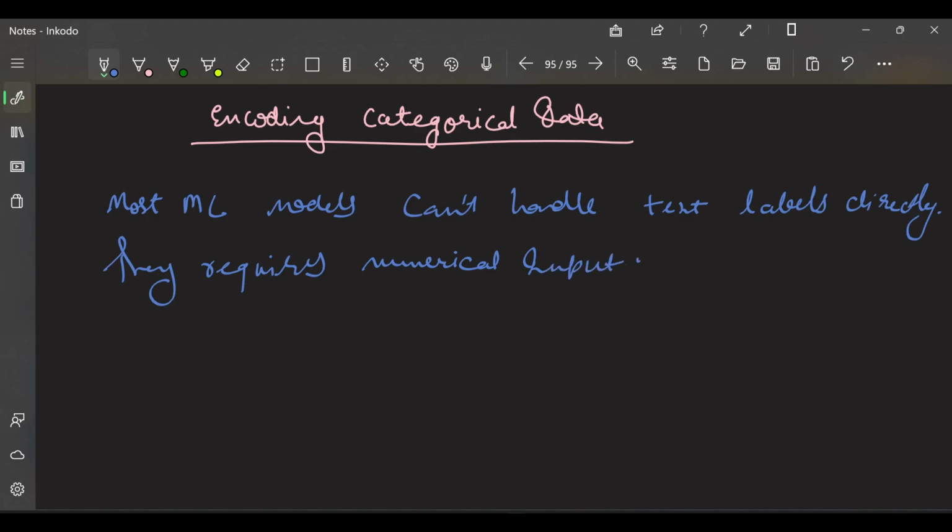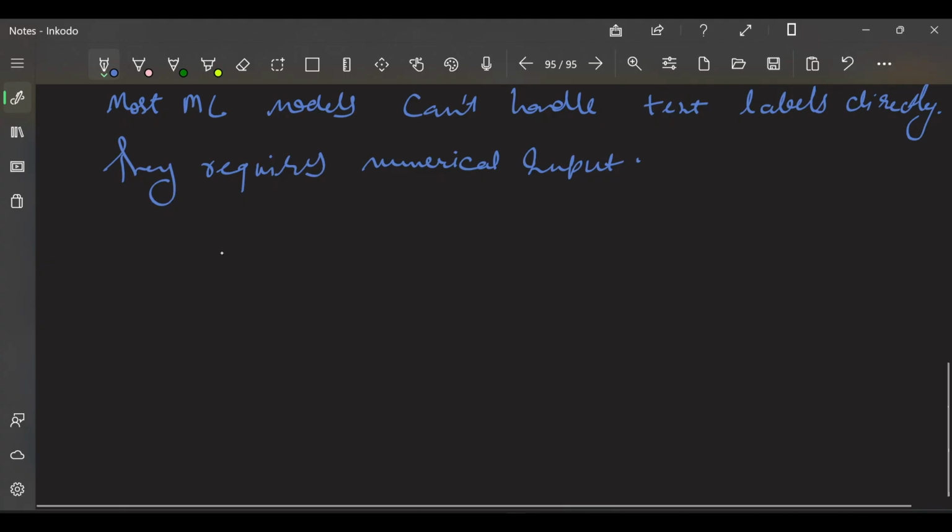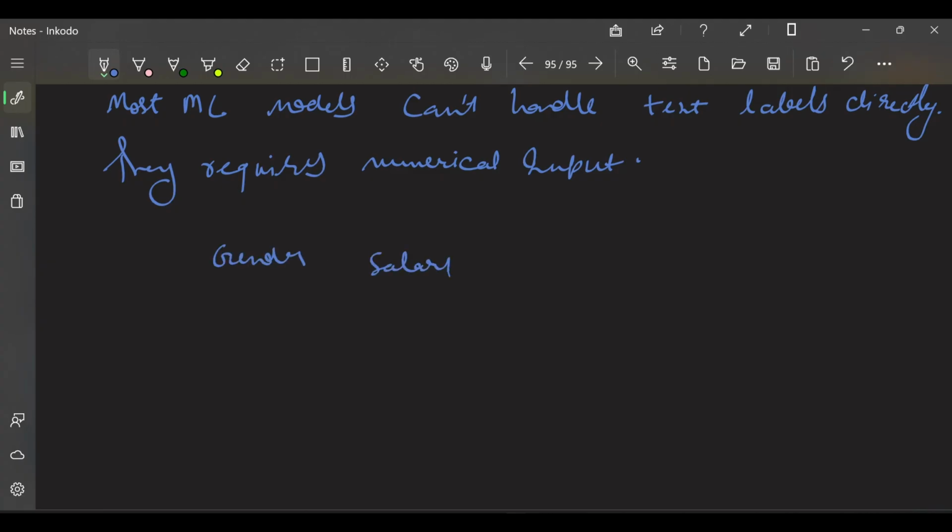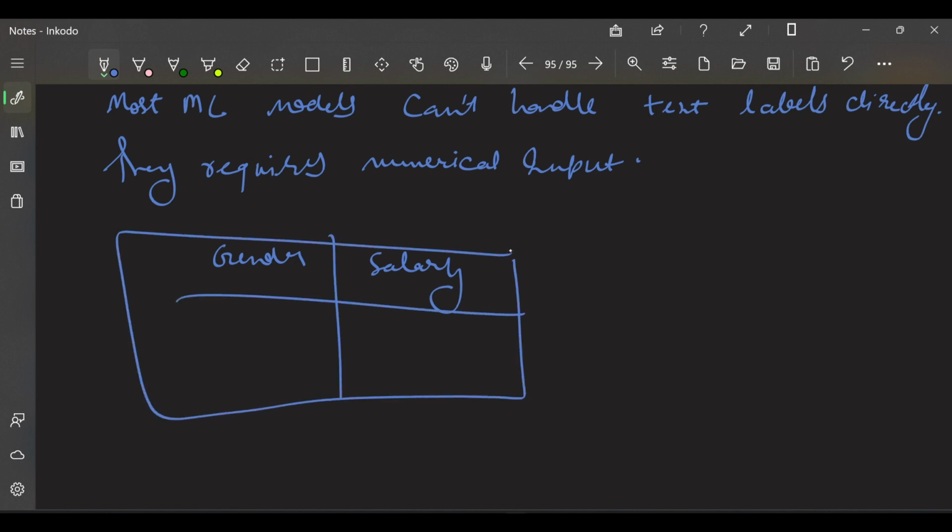Okay, for example, suppose there is one table for gender and salary. For the male the salary is 50,000, and for the female it's 60,000. So the algorithm cannot process male and female.